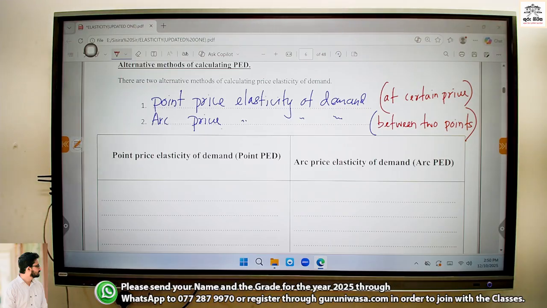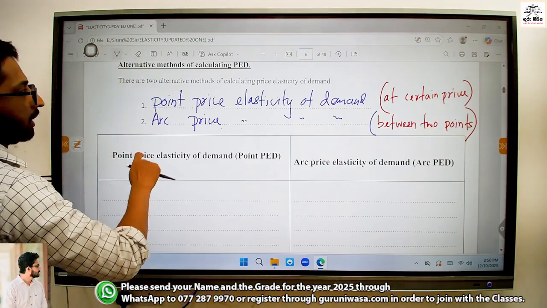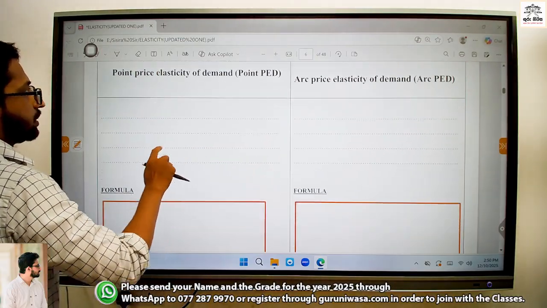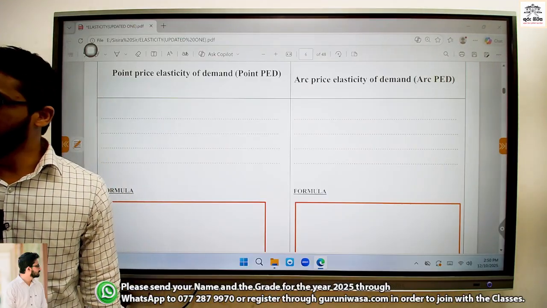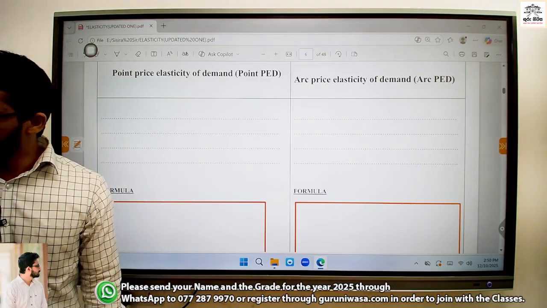Okay, Lamai, put a star mark and write down the definition. Point price elasticity of demand. As I told you, point PED means PED at a certain point.